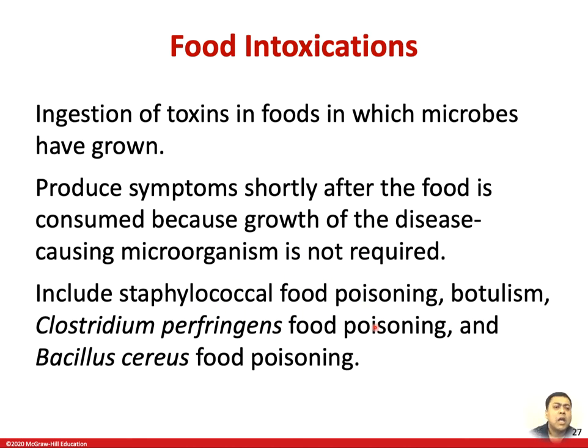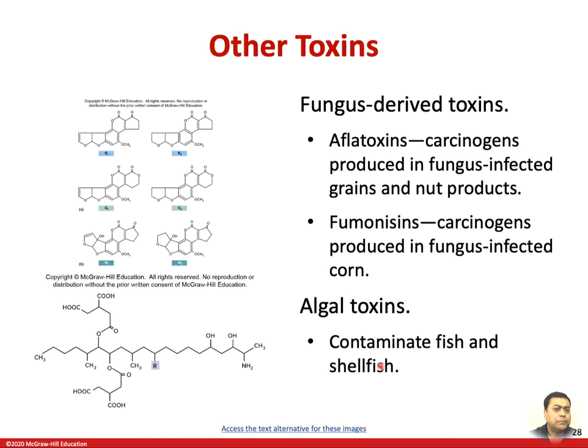Home canning can produce botulism. Clostridium perfringens toxin food poisoning can give serious stomach cramps, whereas Bacillus cereus toxins can also produce profuse vomiting. Usually Bacillus cereus grows on starchy food like rice and pastries, and that can lead to poisoning as well.